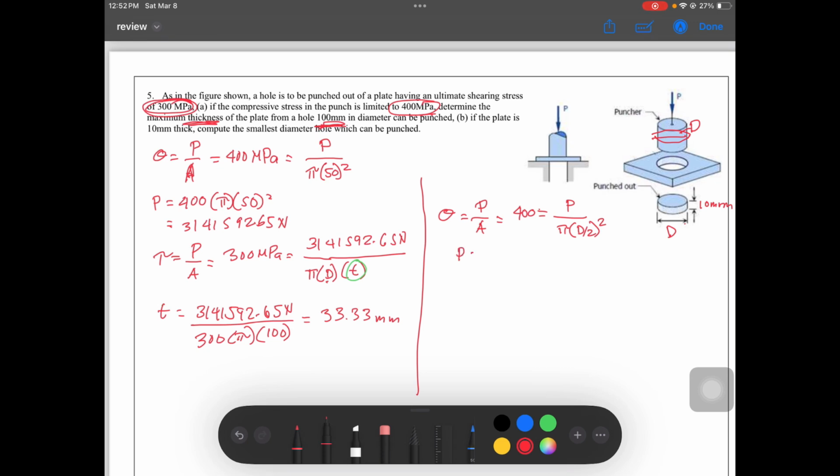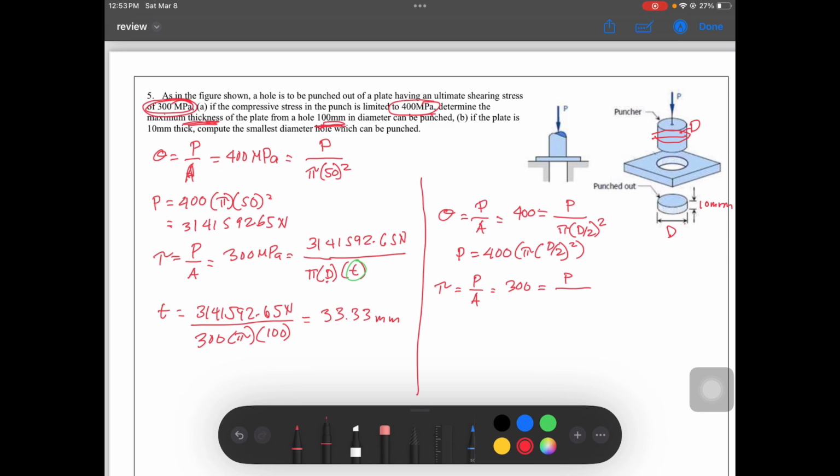So, isolate natin si P. It is 400 pi D over 2 raised to... 4 raised to 2. Then, let's check shearing stress, P over A pa din yan, wherein our stress is 300 MPa equal to... ano yung force natin? Same pa din, same force yan. Mag-iiba lang yung shearing area.